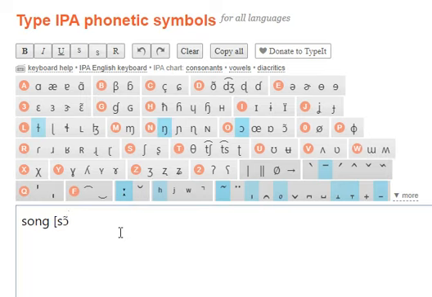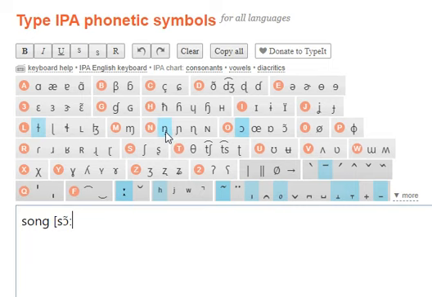When we have a voiced sound after a vowel. In this case, we have the vowel and then the consonant sound, the nasal. So remember, all the nasal sounds are voiced. So I click here and I have the symbol already there.